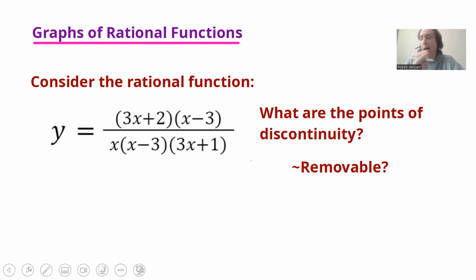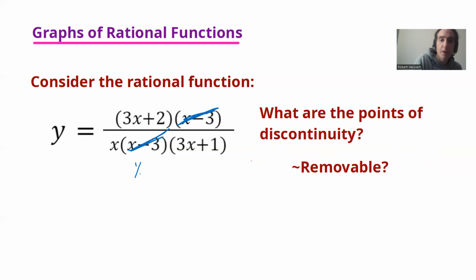So you're going to be asked to define if these points of discontinuity are removable versus non-removable. Now, the removable comes from what you're able to cancel out. If you remember from our previous lesson about simplifying, if you have a factor on the top and the bottom, those would cancel out, right? Now, the restriction for that factor that we canceled out is x equals 3.